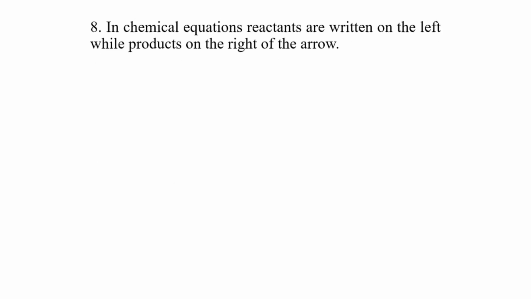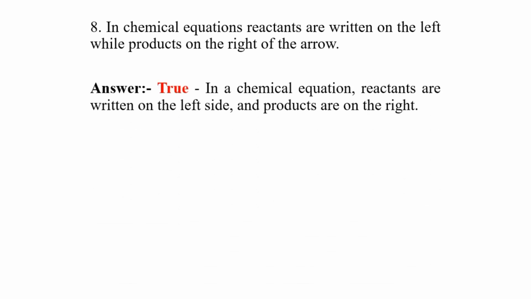Question number 8. In chemical equations, reactants are written on the left while products on the right of the arrow. The answer is true. In a chemical equation, reactants are written on the left side and products are on the right side.